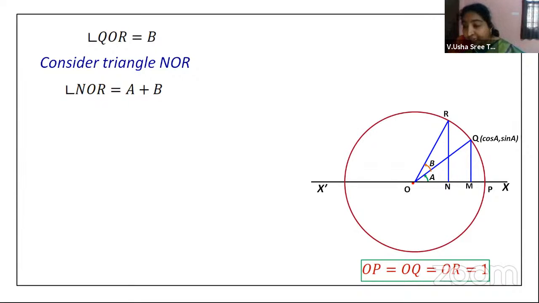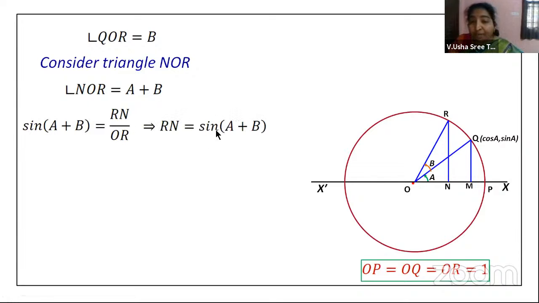Sine of A plus B will be equal to opposite by hypotenuse. Here the opposite is RN and the hypotenuse is OR. OR is the radius, so it is equal to 1. Go for cross multiplication, children. Then you will get RN equal to sine of A plus B.